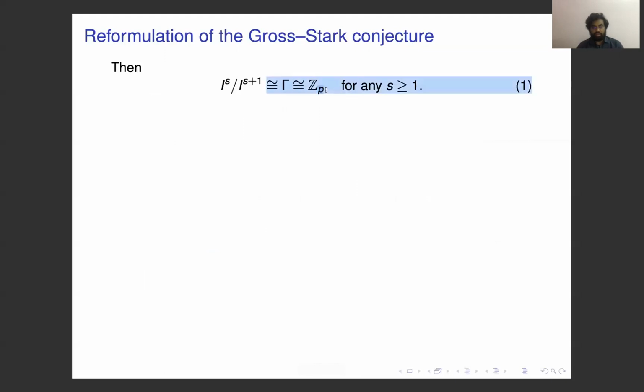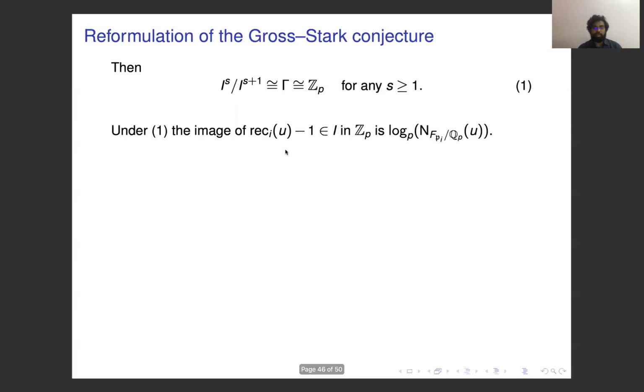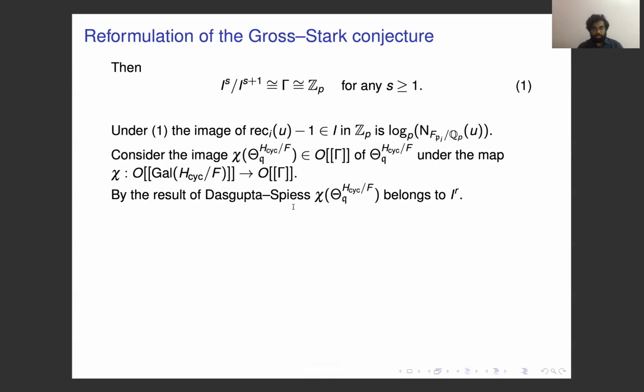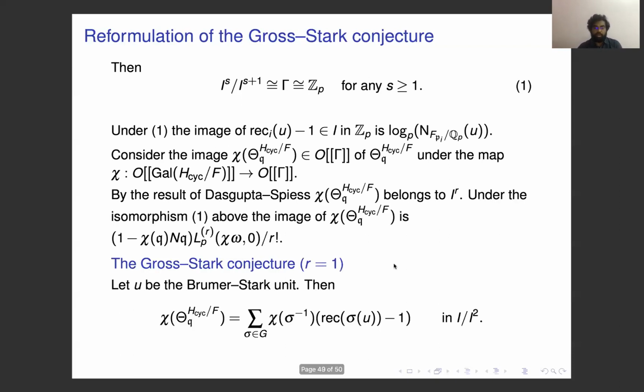It won't have some nice description like this, but some power of the augmentation ideal modulo the next power makes sense. This will live in I, and the generalization of Dasgupta-Spiess theorem will tell you that this thing lives in I to the r, and so one can formulate a conjecture which looks just like this in I mod I square, or if r is bigger than 1, then I to the r mod I to the r plus 1. So that's going to be the tower of fields conjecture.